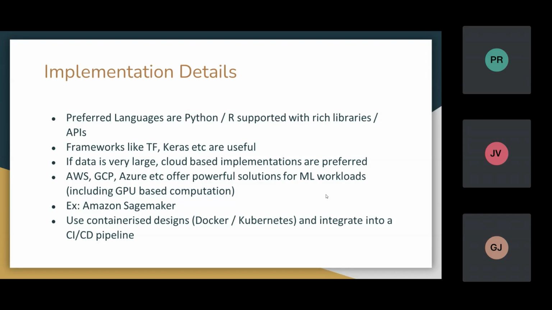Okay, one very nice way of doing this is through Amazon SageMaker. A lot of people also create what are called as containerized applications. So they come up with containerized design. They use Docker containers or they use Kubernetes, and then create containerized applications for your classifiers or whatever it might be, the machine learning application, and they integrate that into a CI/CD pipeline.